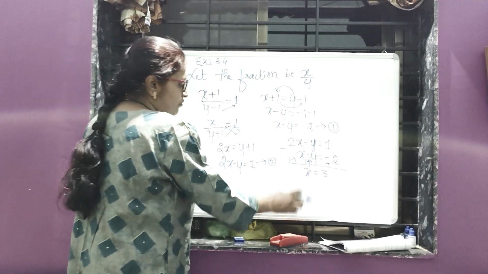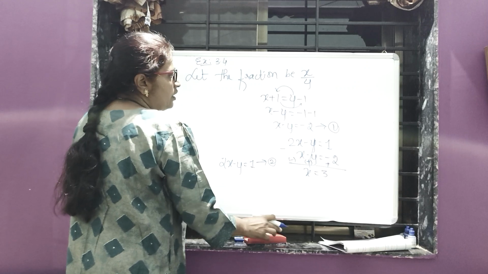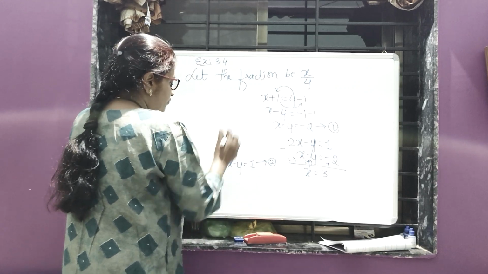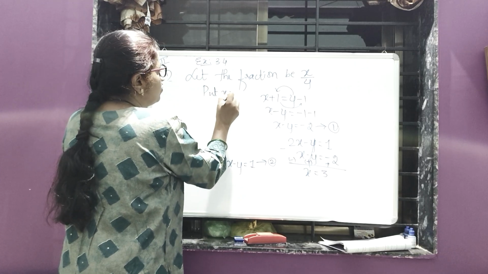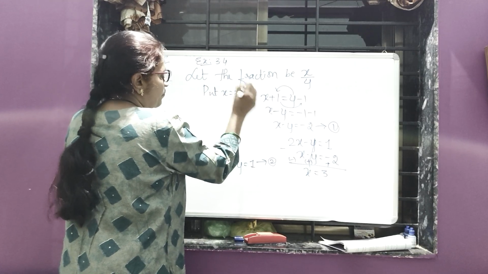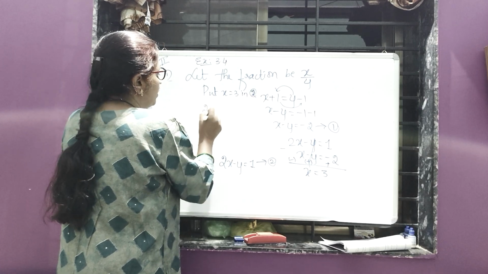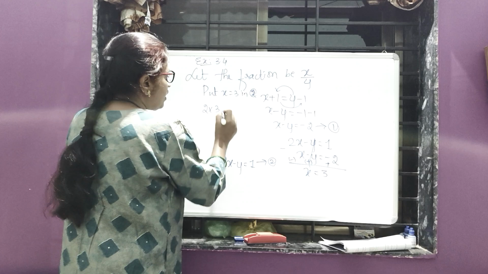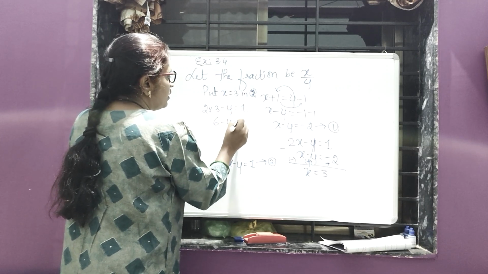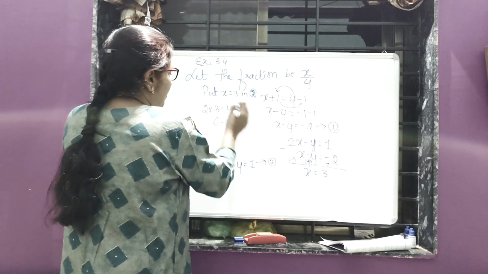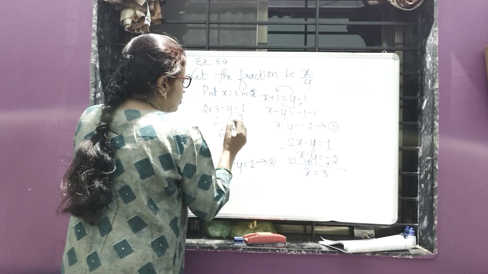Now substitute the value of x is equal to 3 in any of the equations. Let us substitute in equation 1 or 2. If it is plus, you can go with the 2. So put x is equal to 3 in equation 2. 2 into 3 minus y is equal to 1. 6 minus y is equal to 1. y will transpose to the other side because it is with negative sign. 6 minus 1 is equal to y.